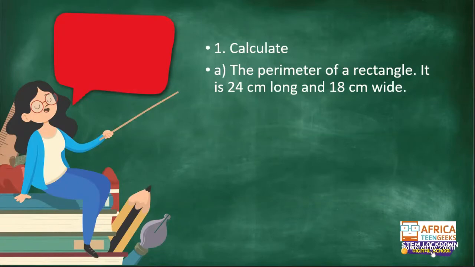So this actually means now you need to visualize, or you can actually draw this rectangle. If you have a pen and a paper with you, just draw the rectangle, which is 24 centimeters long, and then the breadth is 18 centimeters. And thereafter, just calculate the perimeter.